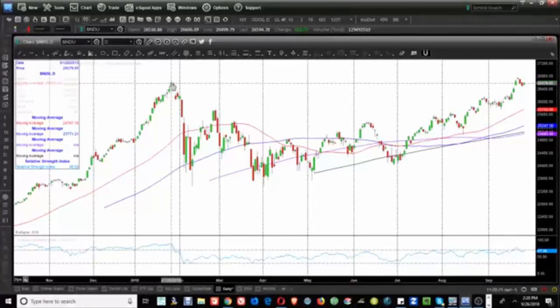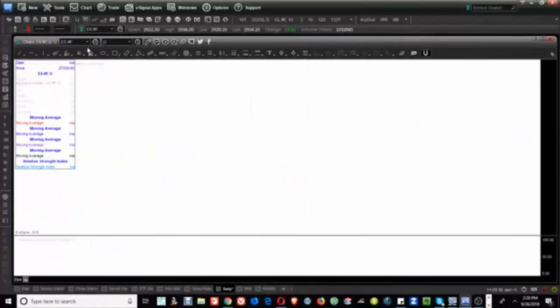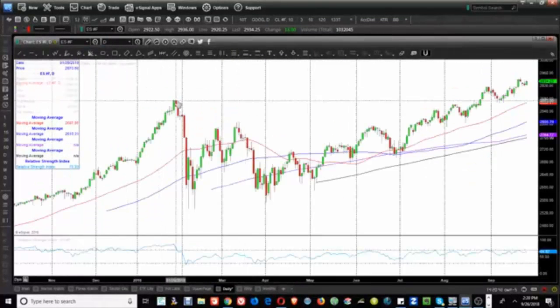The high there is 26,000 something. Let's take a look. 26,616. And we're at 26,592. It's below that pivot high. If we take a look at the S&P, you can see it's above. So it's a little bit of a divergence there. The Dow's not following as strongly.